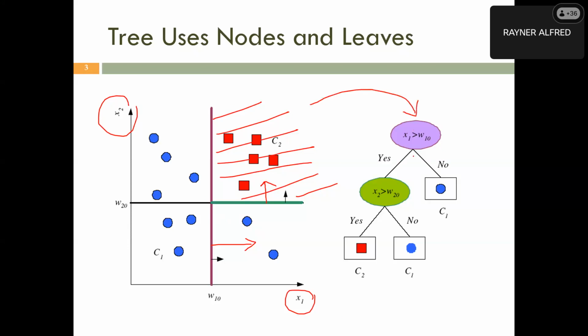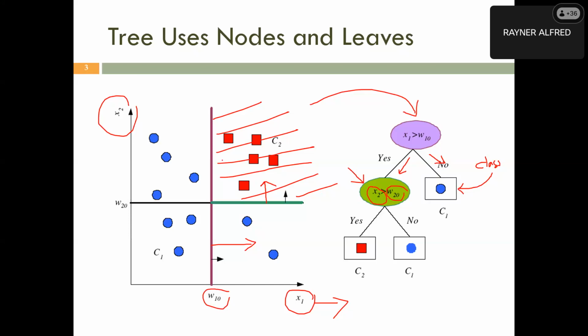So basically we just say, okay, I will take the X1 here. If the value is greater than W10, I will go here. If less than W10, that is considered as the blue circle. So this is your class label. Okay, and this one is the feature that we use. So in this particular node, your feature will be X2 and the value will be this one.